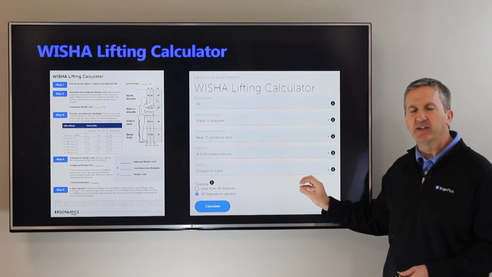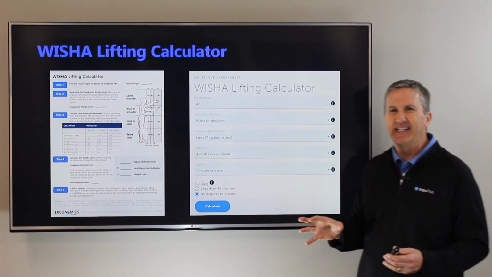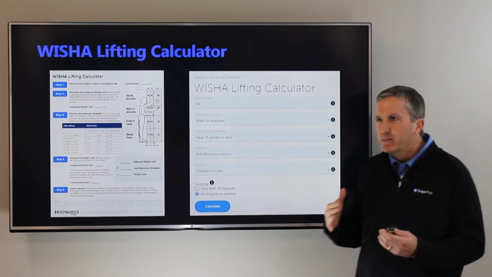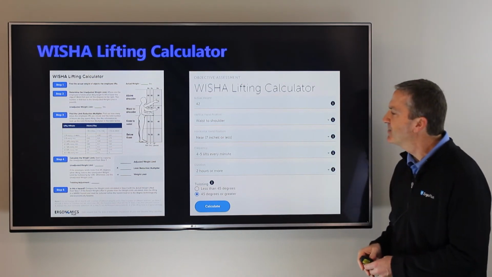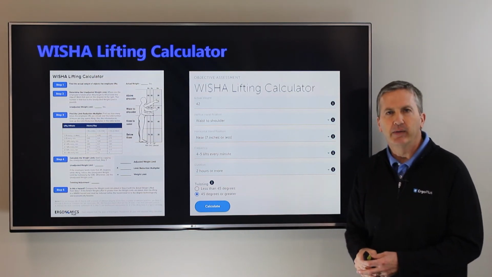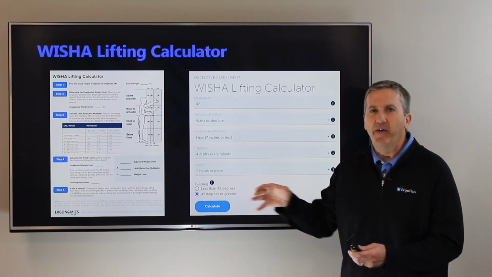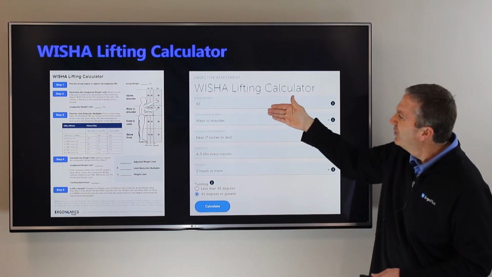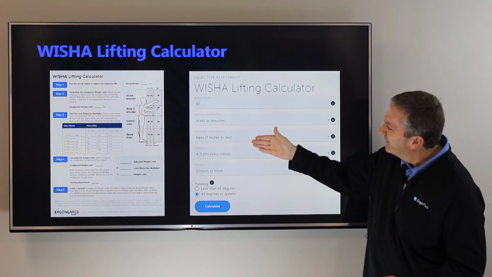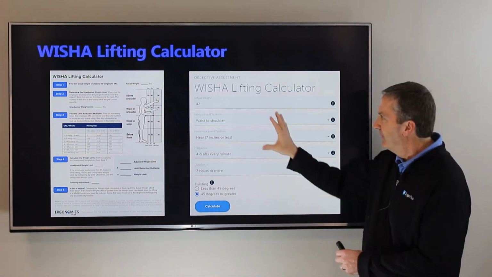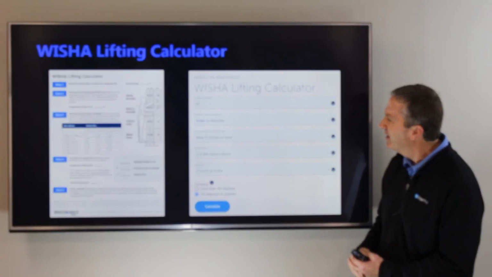There aren't as many task variables to collect, so it tends to be a simpler, more user-friendly tool perhaps than the NIOSH lifting equation, because you don't have to consider the many other task variables other than the vertical and horizontal locations, the frequency, duration, and whether or not there's twisting. So pretty simple inputs there.